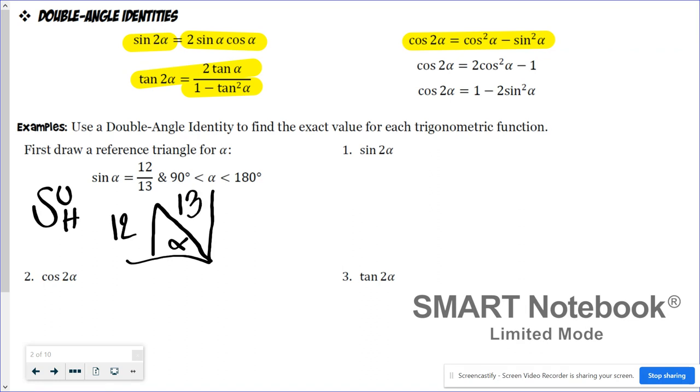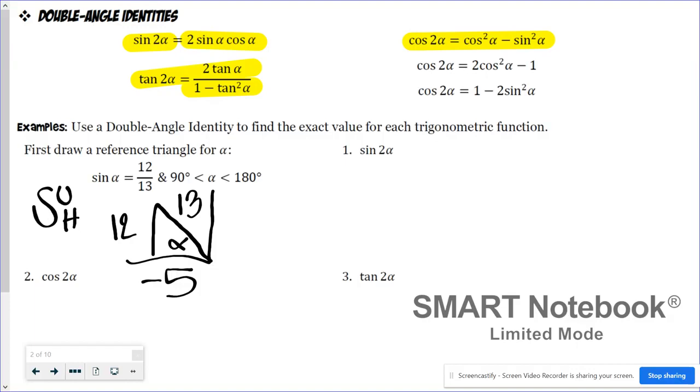Then I just use the good old Pythagorean theorem to find the missing side. After I do the Pythagorean theorem and all that math, I get 5. And then as always, check your signs, S-I-G and S. Here in quadrant 2, that 5 would be negative. When we use a double angle identity, it's a formula, so we want to substitute into the right side of the formula.